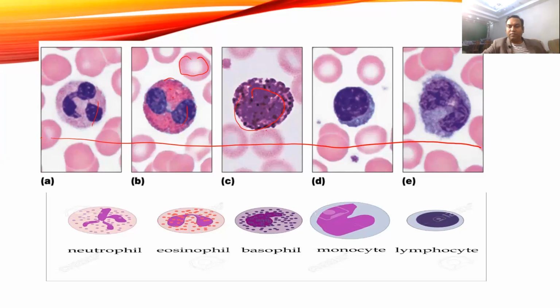Then come to the lymphocytes. The lymphocyte has a large nucleus with less cytoplasm and a dark blue nucleus. While if you see the monocyte, the biggest feature of the monocyte is size. It is much larger as compared to any other cell, and it usually has a C-shaped or kidney-shaped nucleus. So this is how we will identify each and every cell in the blood.